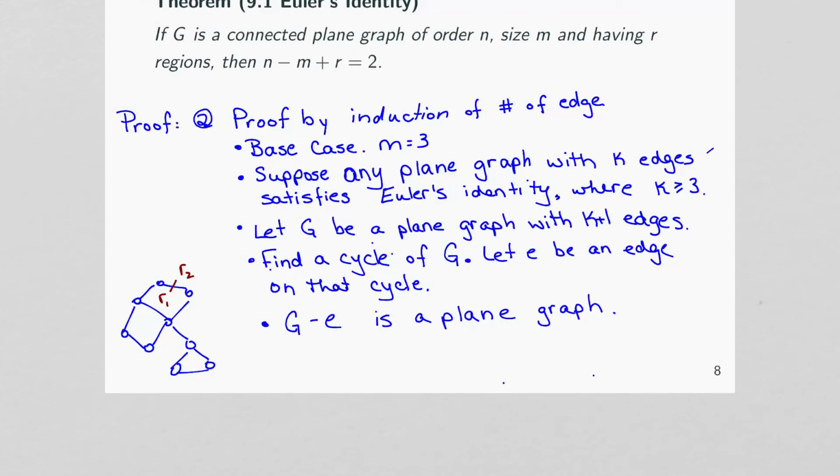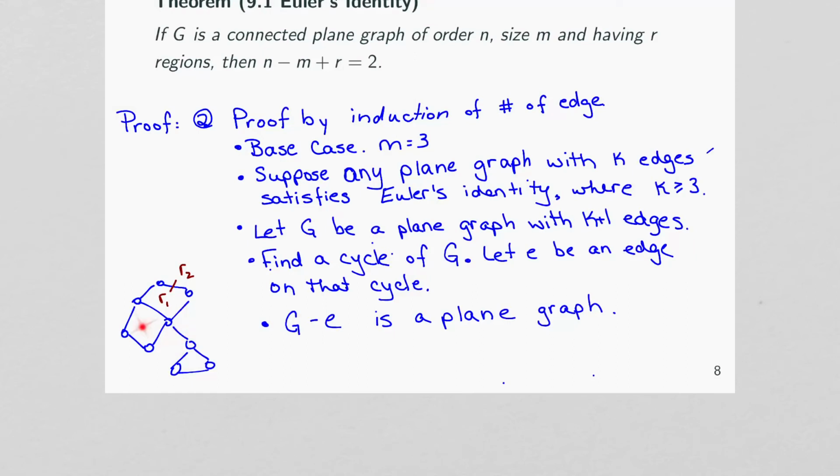The same would happen for any cycle because every edge on a cycle borders exactly two regions. That's not true of an edge if it's not on a cycle. For example, if I look at this bridge and delete it, I would just be joining the exterior region with the exterior region. You're not going to create a new, bigger region.